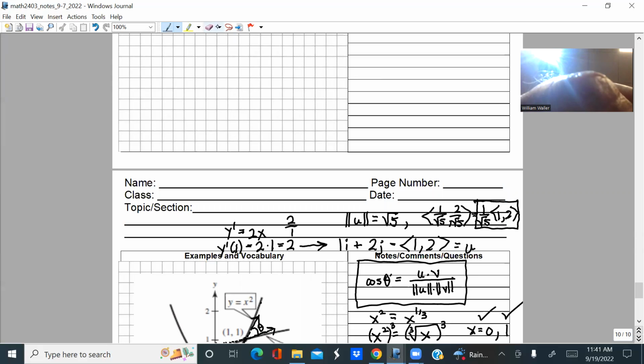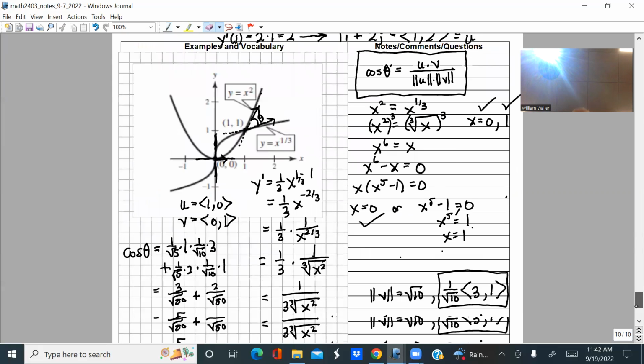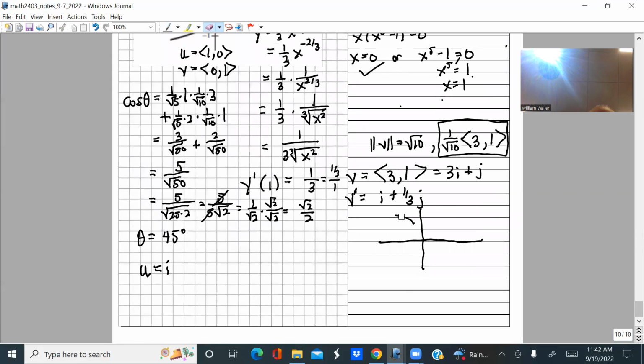Just to elaborate on that point, it comes up sometimes in this course. If your curve looked like this, the tangent line would also be undefined at the origin, because you have a sharp turning point there. You don't have tangent lines at sharp turning points, and so that would cause the tangent line to be undefined.